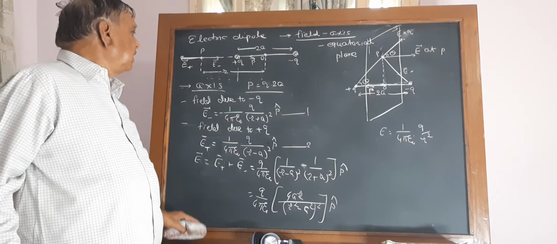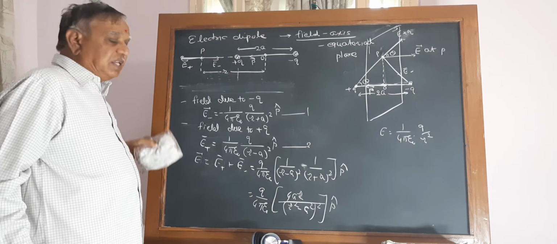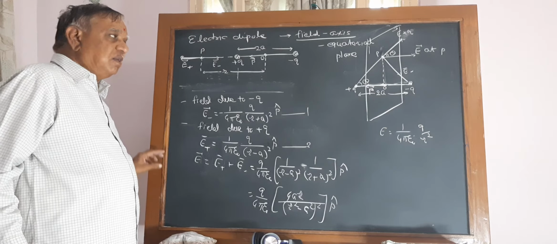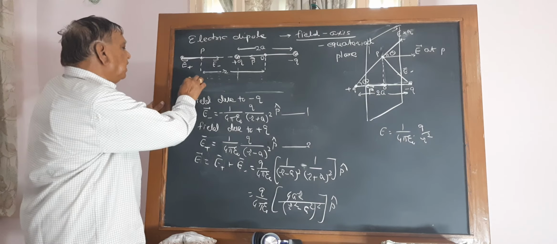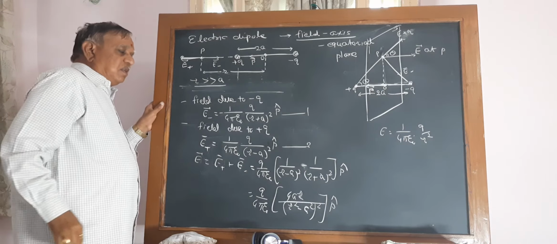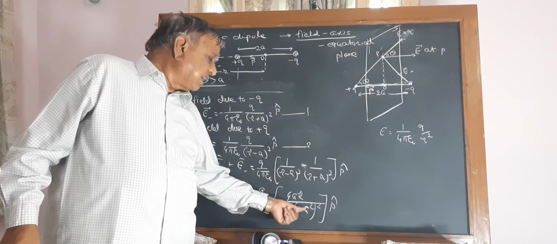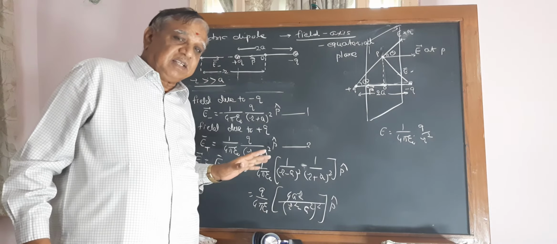But suppose the point P is very far, means r is much greater than a. Then a square can be neglected compared to r square.